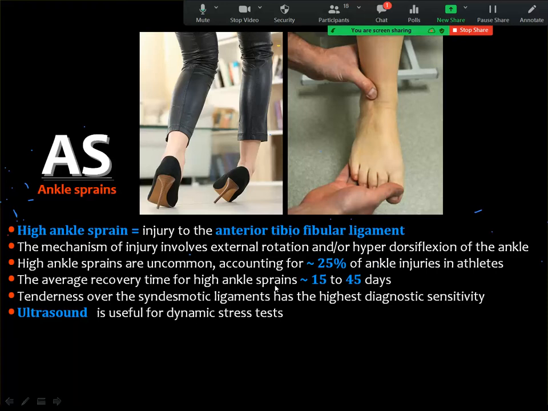It takes somewhat longer to recover, from 15 to 45 days, and there is tenderness over the syndesmotic complex. You know that the syndesmosis is the attachment between the tibia and the fibula. Then if you got tenderness here, this is one of the diagnostic criteria.